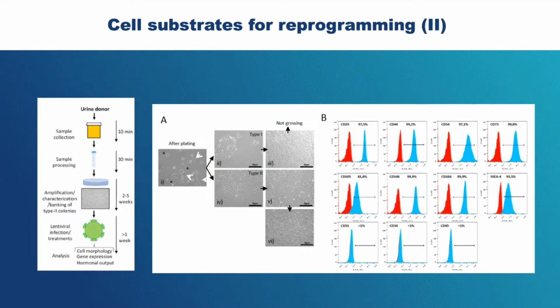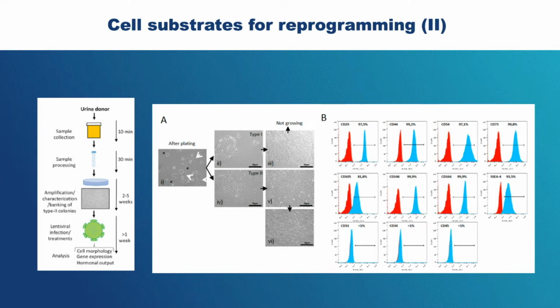So these urine-derived stem cells seem to originate from the kidney, because, for example, there have been some studies: if you collect urine from a female who has received a kidney transplant from a male donor, these urine-derived stem cells will have the Y chromosome, and they also display transcriptomic characteristics of the upper urinary tract.